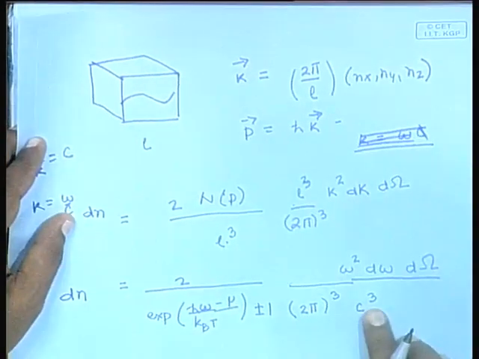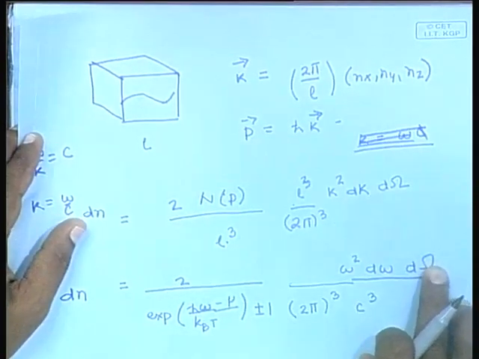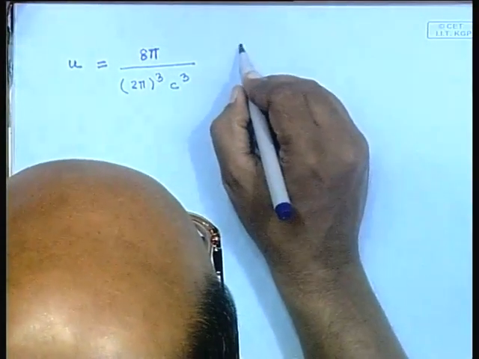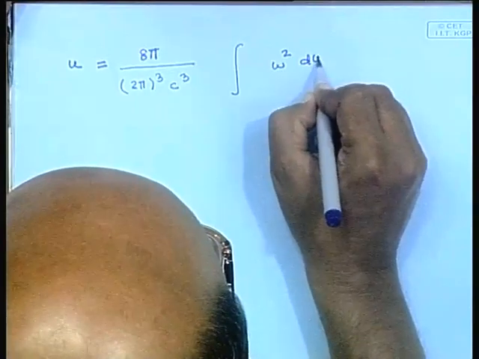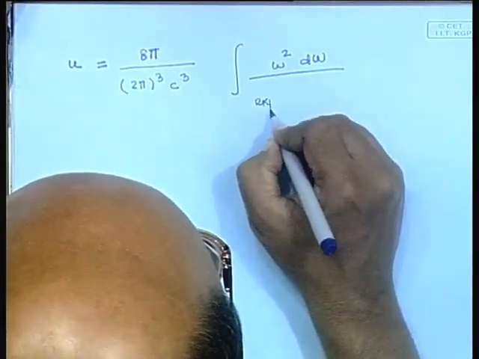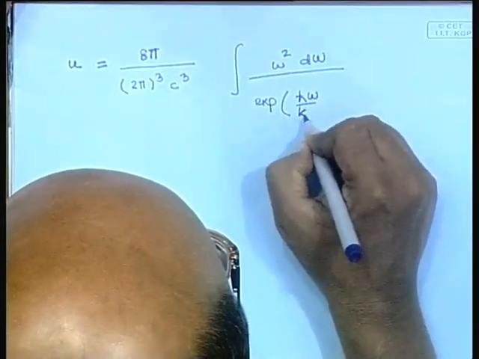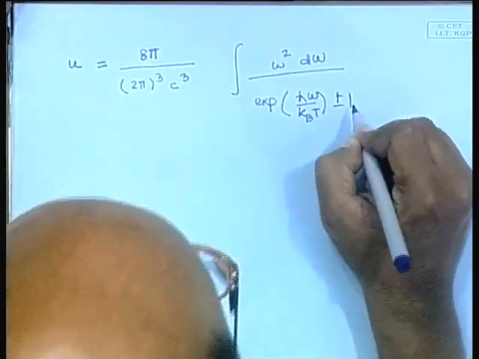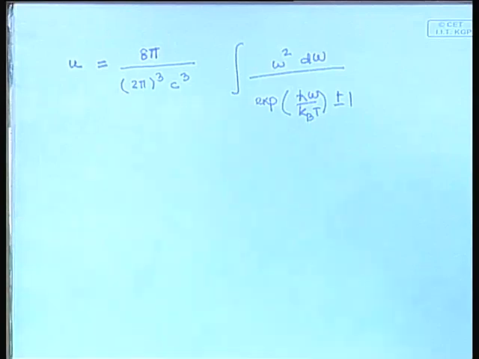The 2 pi cube c cube has gone out, this factor of 8 pi has gone out, and the integral that we are left with is omega square d omega divided by exponential h cross omega by kBT plus minus 1, depending on whether they are fermions or bosons for relativistic particles.